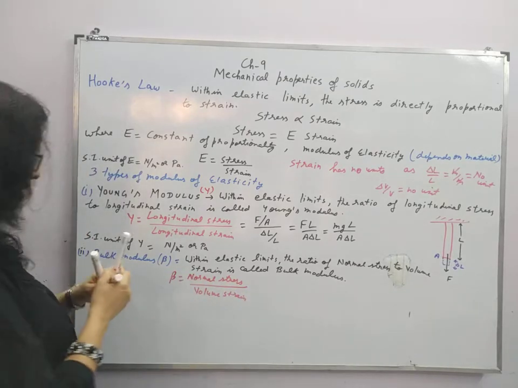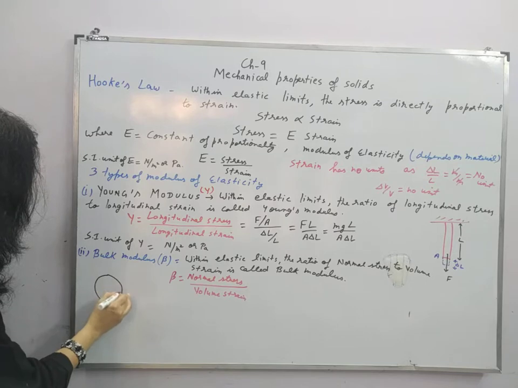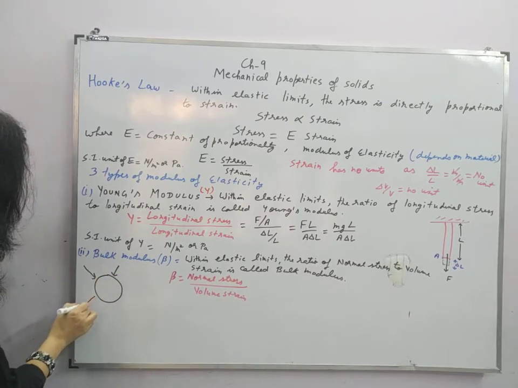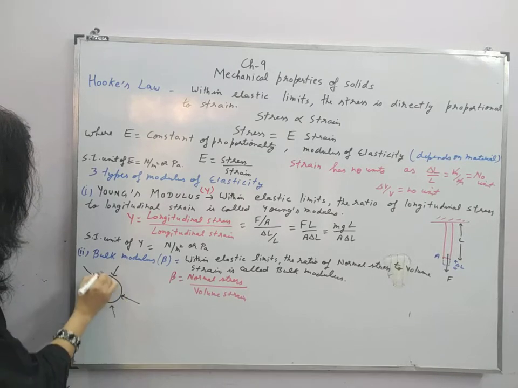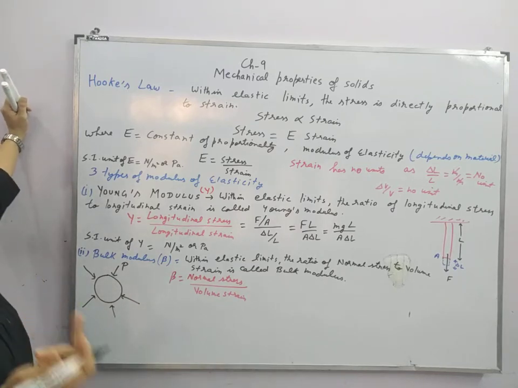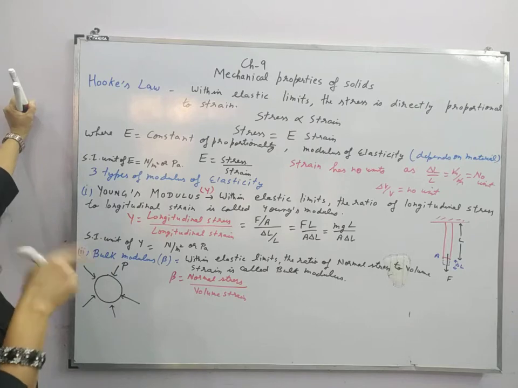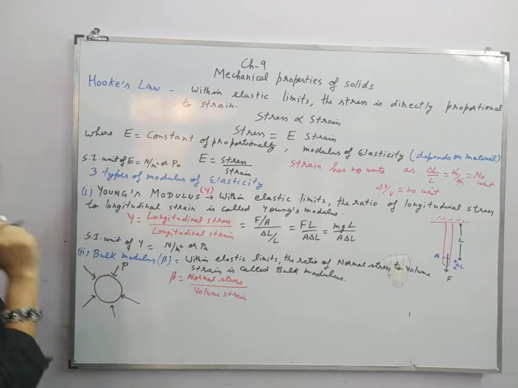So here I am showing a body where pressure is applied from all the sides, that is the force per unit area. You can consider it to be kept inside a liquid. That's why another name, hydraulic stress, is given to normal stress.